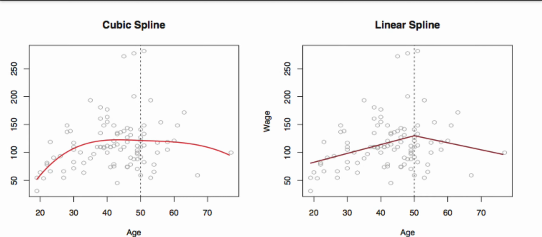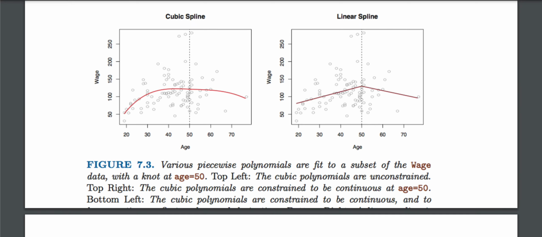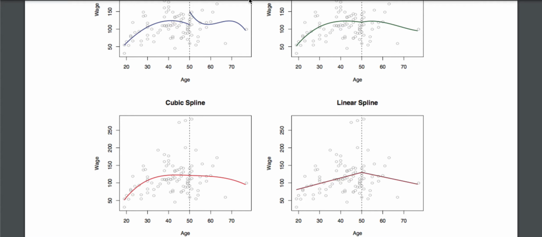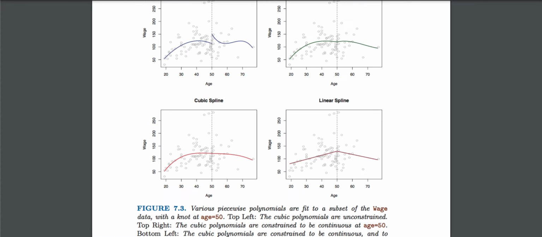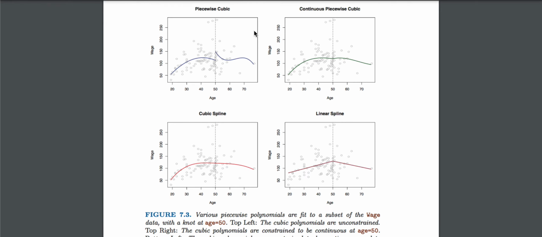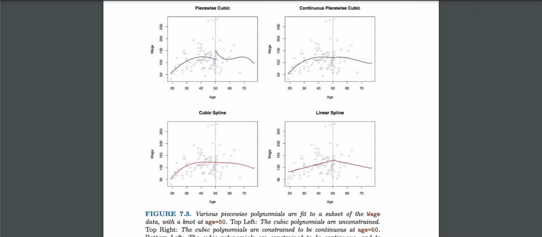So just to recap where we started. This is where we started. There is no constraint here, just a piecewise cubic. If you add a continuity constraint, then you will get this one.